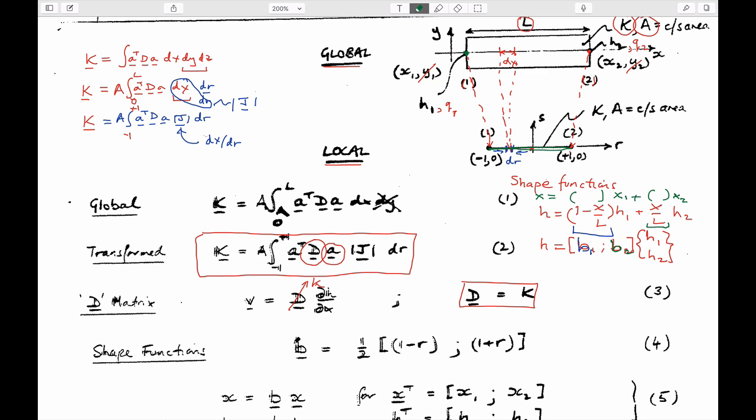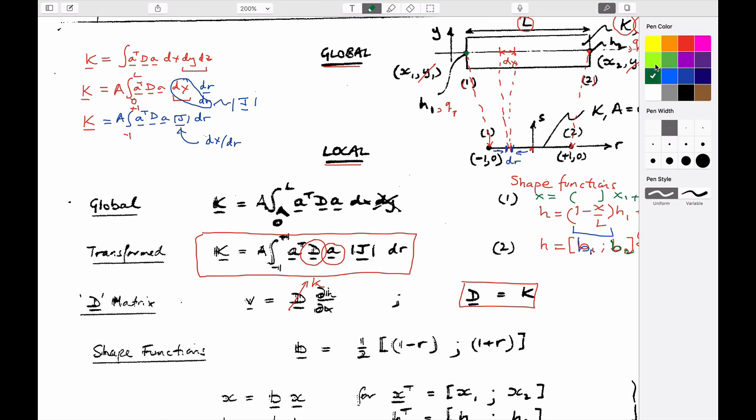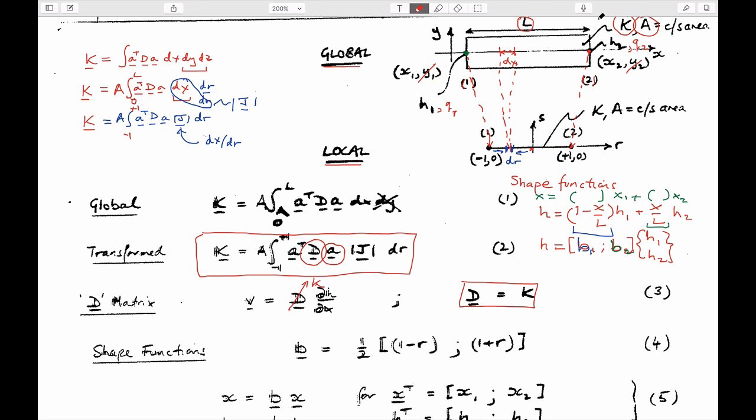So if the shape function matrix that we have, I go back to red again because it's just more legible. So this is B, if you can't see it, this is B underlined. So it looks a bit like this. It has these two components, B1 and B2.